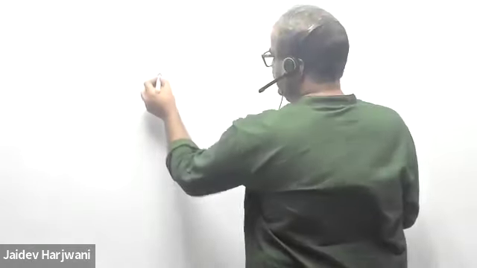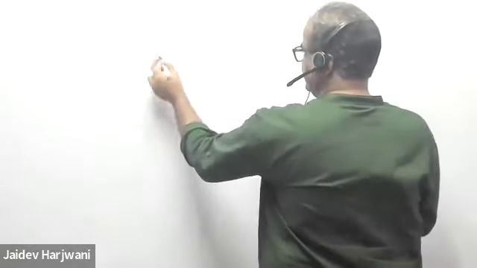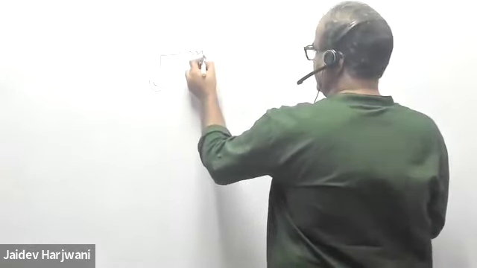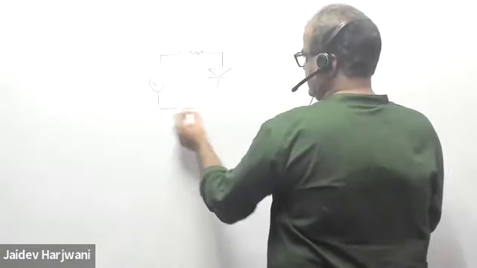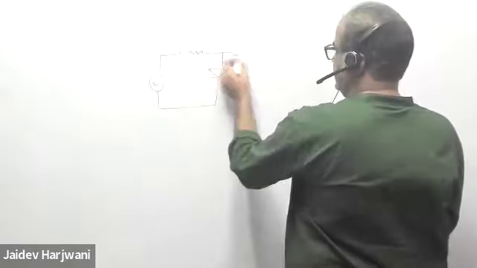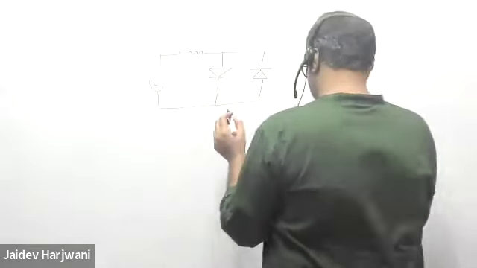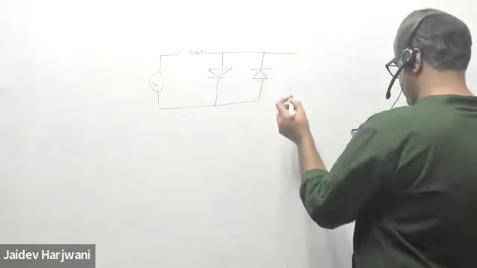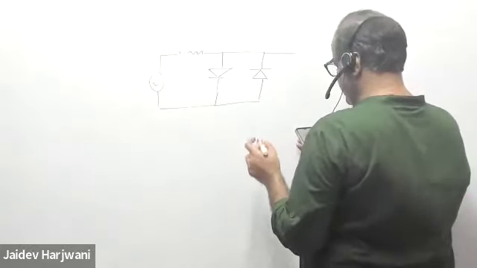You have an AC source, and here you have a resistance. You have a diode here, and here you have a diode. Sir, B. D आएगा. B. B आएगा. Okay.